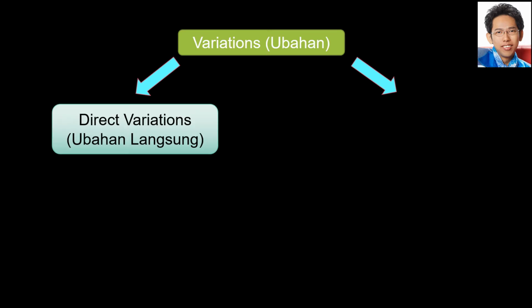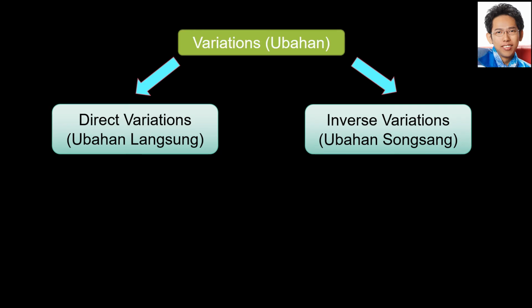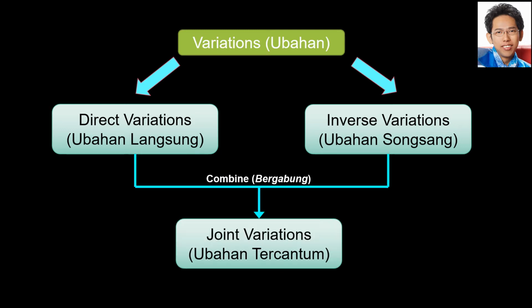Okay, variations actually in our topics we have two types: direct variations, ubahan langsung, and inverse variations atau ubahan songsang. And the other one is when you combine these two, okay, we have joint variations.